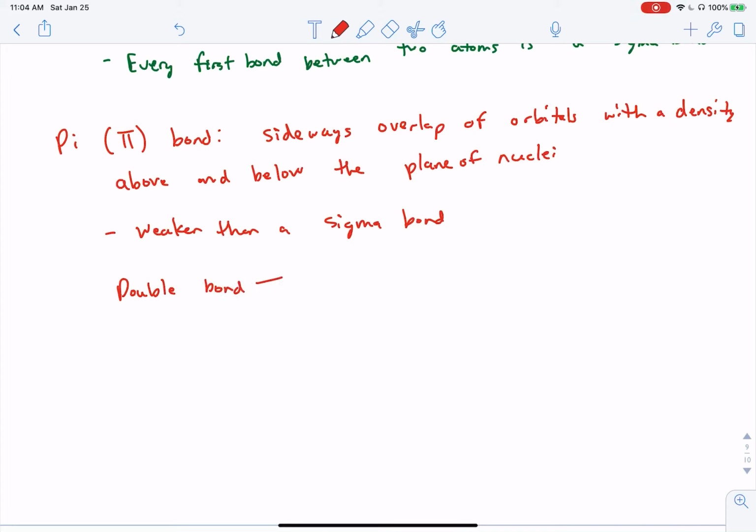A double bond will consist of one sigma bond and one pi bond. A triple bond will consist of one sigma bond and two pi bonds. So every time you have a multiple bond between two atoms, it's an additional pi bond that's present. You never have more than one sigma bond between two atoms.